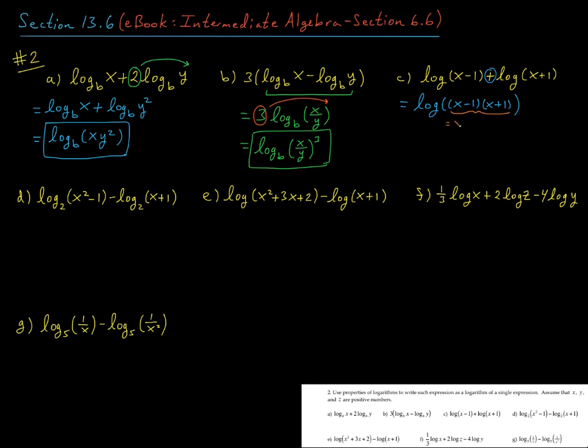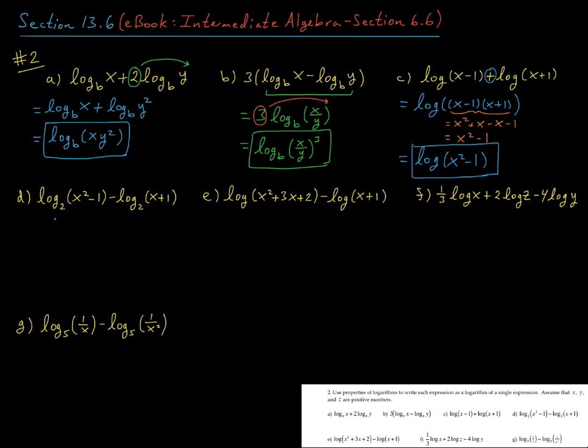So this would be x squared, and then plus x, and then minus x, and then minus 1. And that's just x squared minus 1 because these x's in the middle cancel out. So putting that all together, our original expression is equal to the log of x squared minus 1. And we're done.